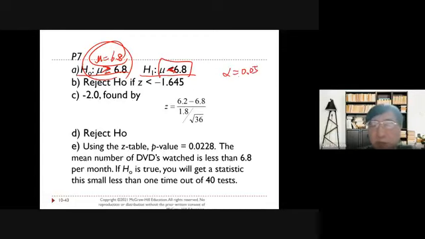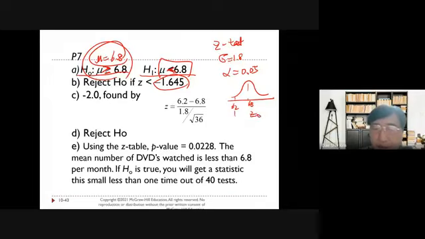The sigma is known, 1.8. So we will use the z test. The z star. So it will be smaller than. Then here is 6.8, maybe 6.2, it is z equals 0. This will be z. We need to calculate this minus something.